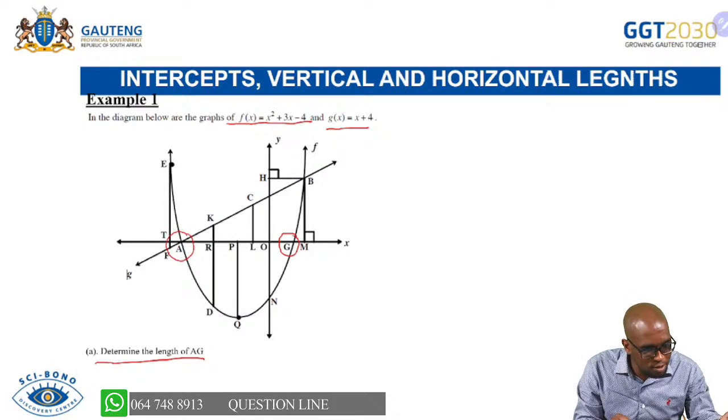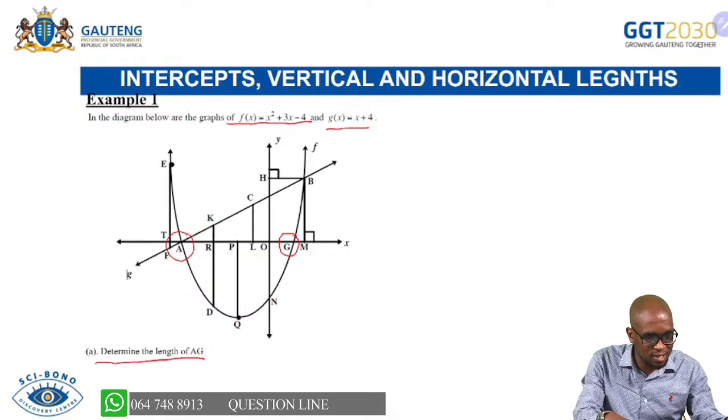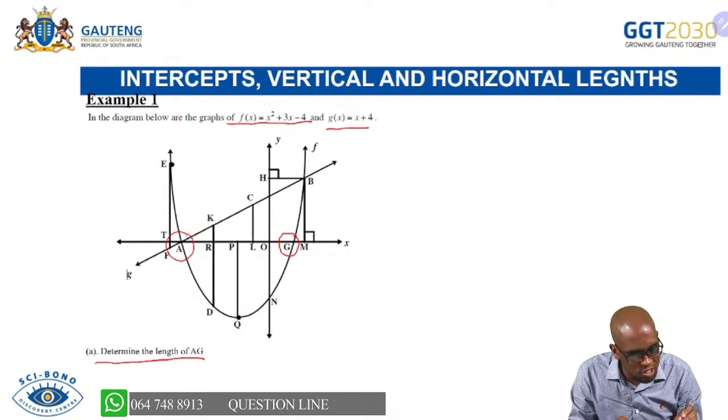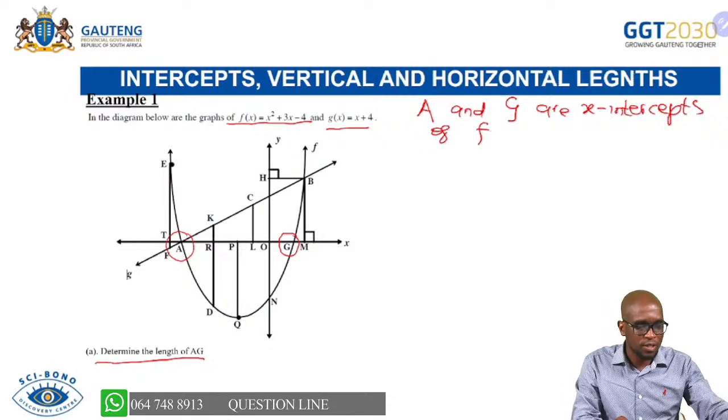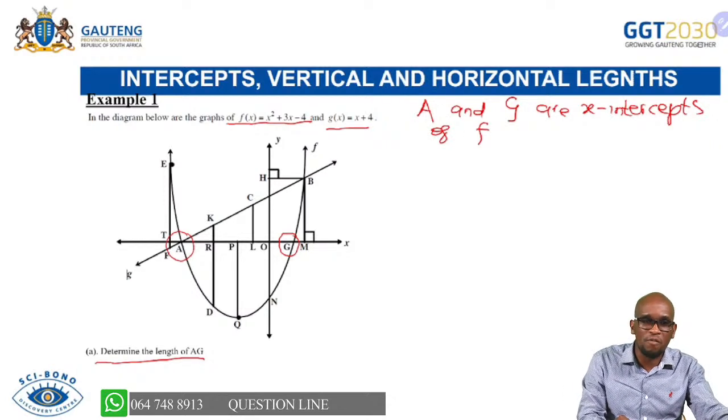So we call these two the x-intercepts. So A and G are x-intercepts of the graph of f.